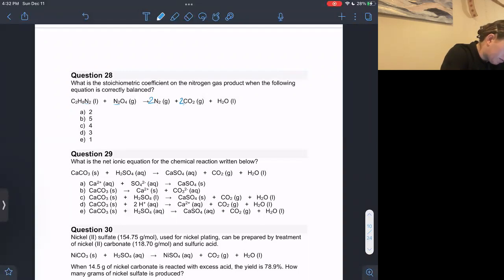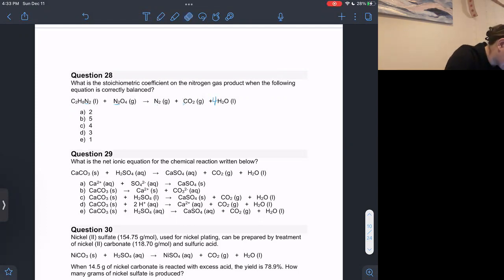So let's just put a 2. Oh, wait. Oh, no, because I have 4 from there. If we put a 2 there, then that makes it 6 oxygens, and you can't really do anything with 6 and 4. Okay, so let's put a 4, because I know it has to be even.